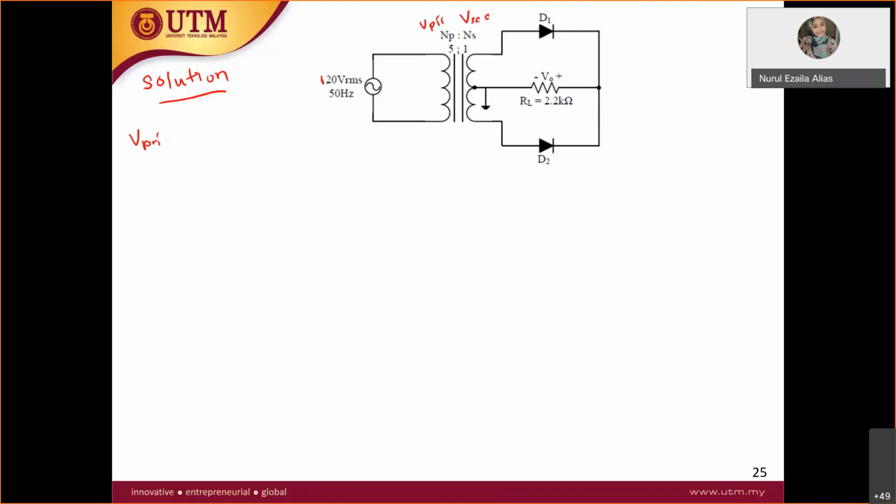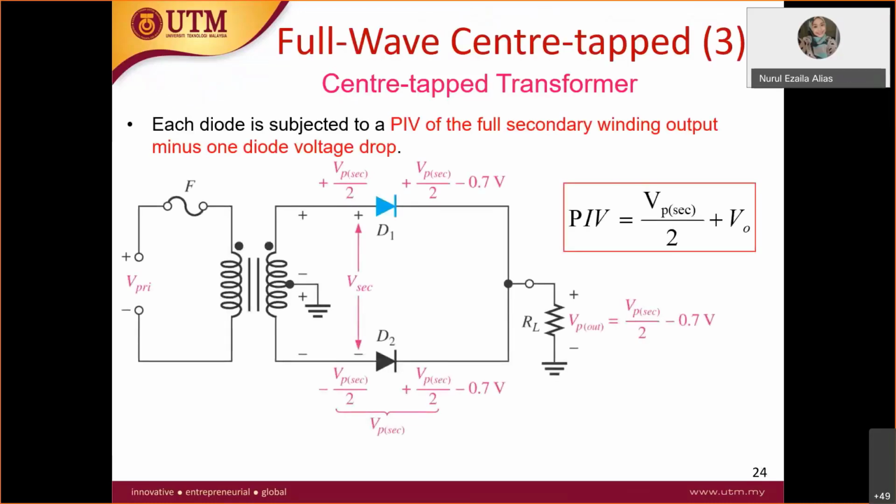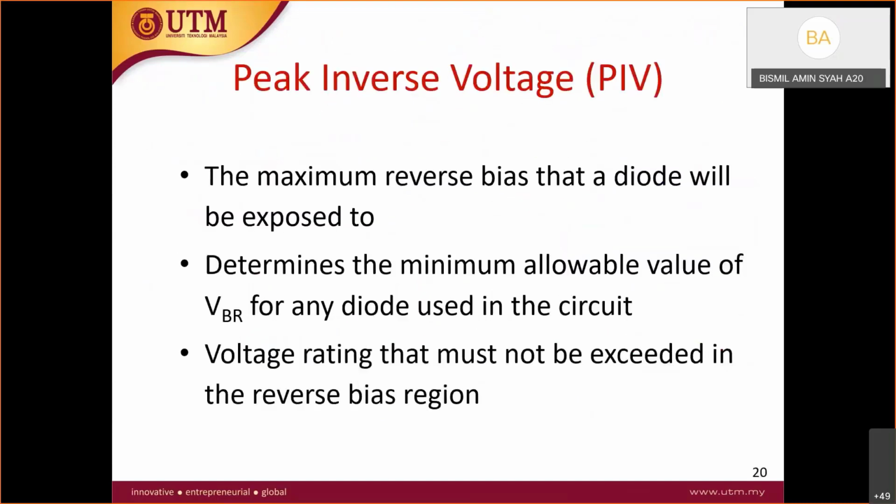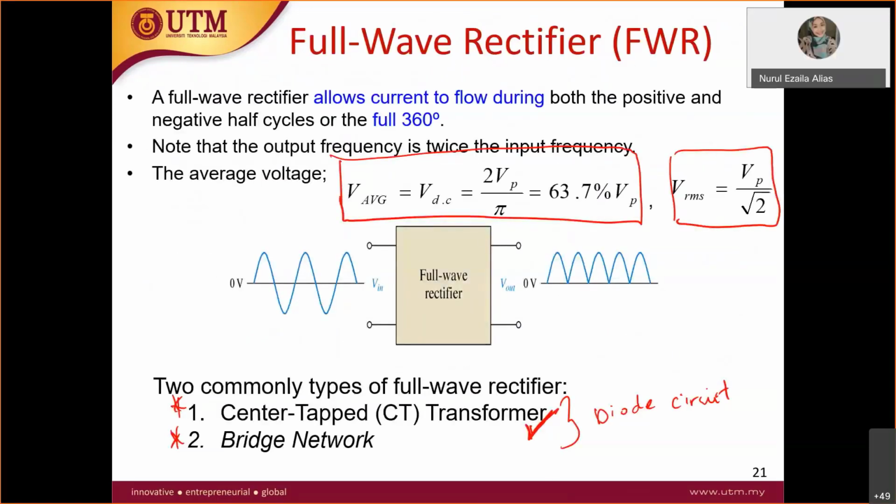What is the formula, students? V RMS is equal to V peak over square root 2.